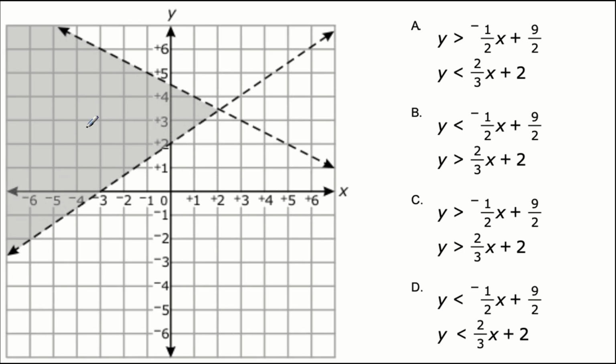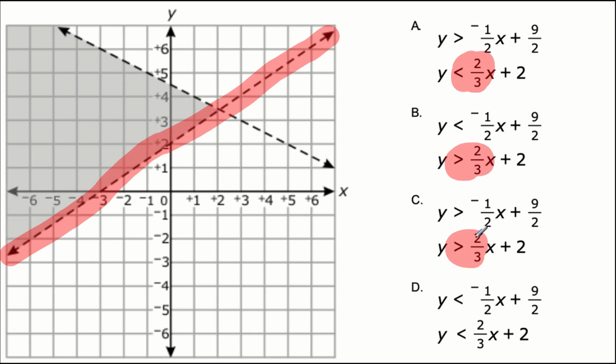Our positive slope, this line here, to get that section has to be shaded above. So our positive slope has to be shaded above. This is our positive slope, that's shaded below. Positive slope shaded above, positive slope shaded above, positive slope shaded below. So we can eliminate two answer choices right there.